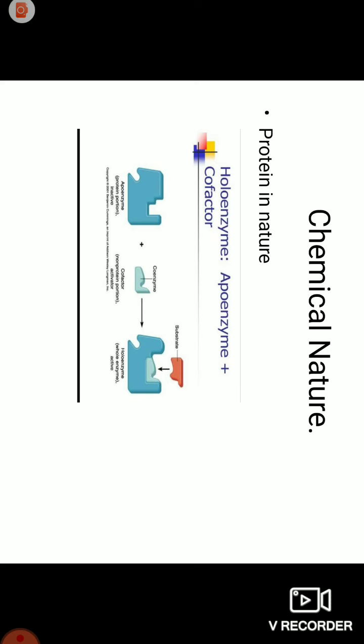If these divalent cations are present as a cofactor in a holoenzyme, we simply call that an inorganic cofactor. And sometimes, this coenzyme and cofactor are loosely bound to the apoenzyme.